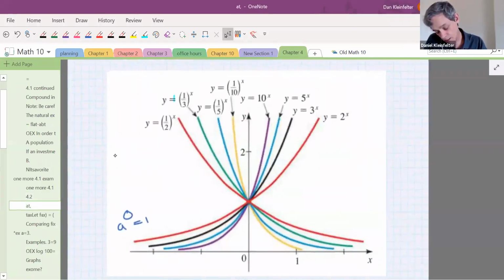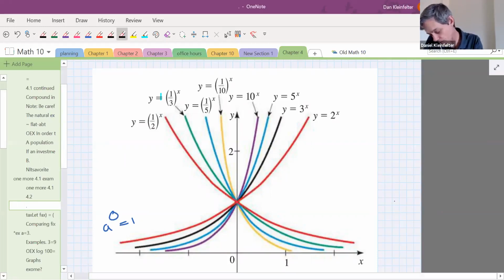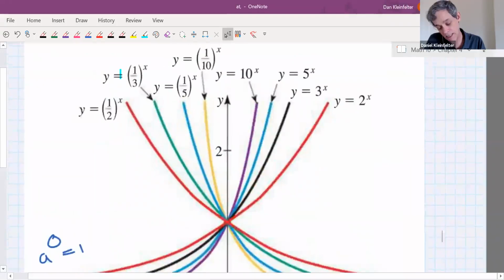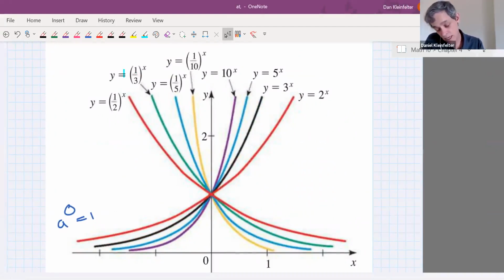Here's a whole bunch of exponential function graphs. You can see that the way the graphs are shaped really depends on the size of the base. For all of the functions where the base is bigger than 1, they're all increasing. Taking a look, you'll see the graph of 2 to the x in red.